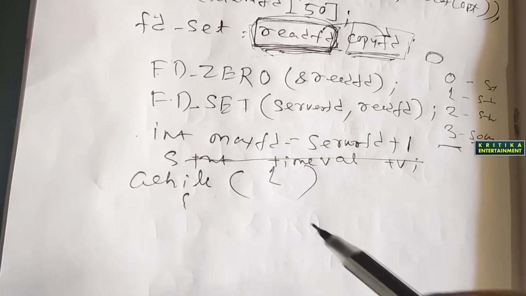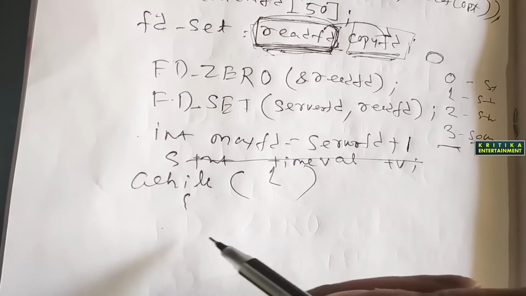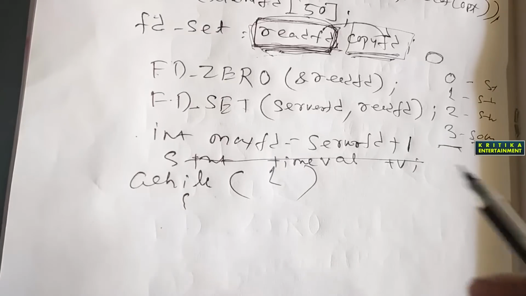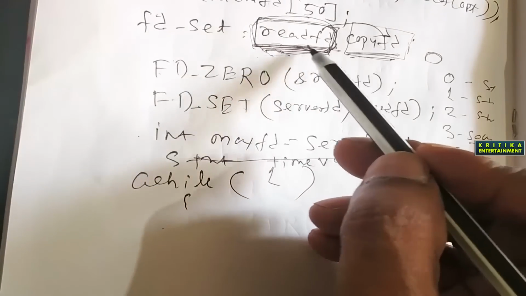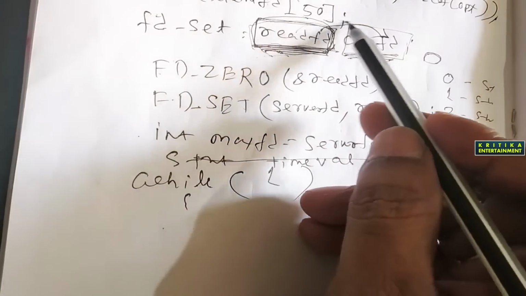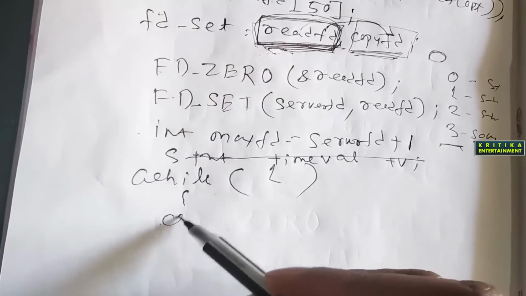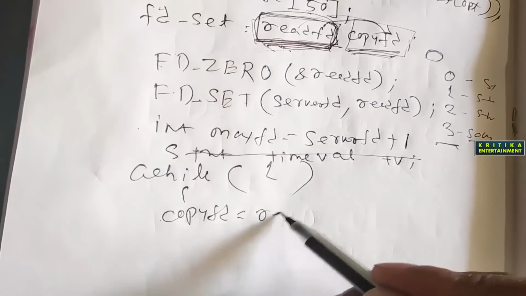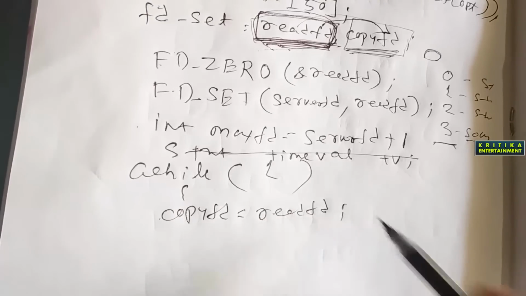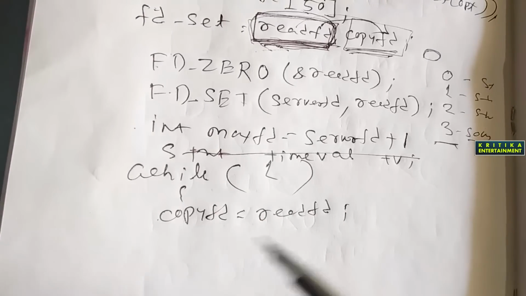I will always save the read FD, and whatever read FD is added, first copy it. Copy FD is equal to read FD.